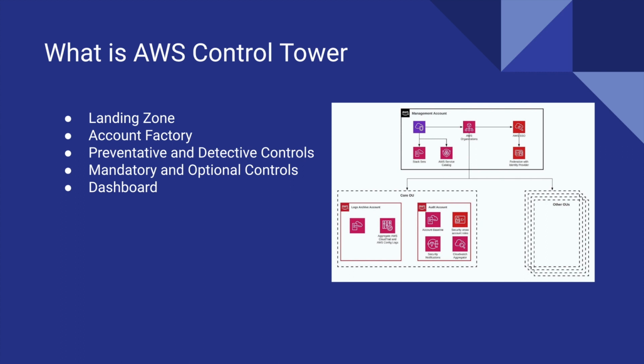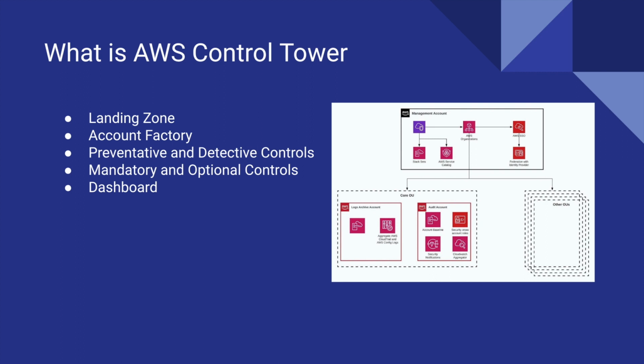The dashboard gives you a single pane of glass view over your entire landing zone. It allows you to look at how many accounts you've got and what your OU structure is. It also allows you to perform any updates to Control Tower through there. And it also lists and gives you a view over potential accounts or resources that may be non-compliant, depending on what detective controls you have in place.